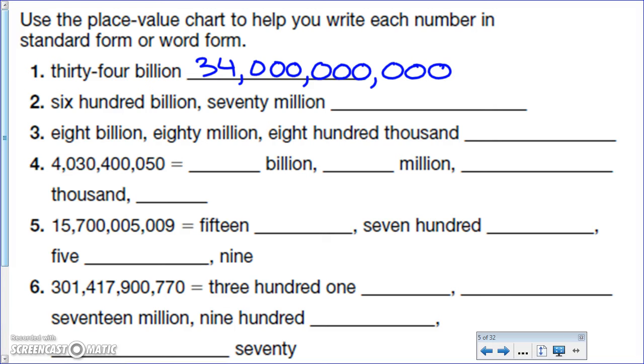So we're going to start out by writing 600 and then a comma. Then, since we need 70 million, we need to put a 070 for the millions period. And then to make sure all that's up in the right spot, we need to add 6 zeros to fill in the thousands and the ones periods.